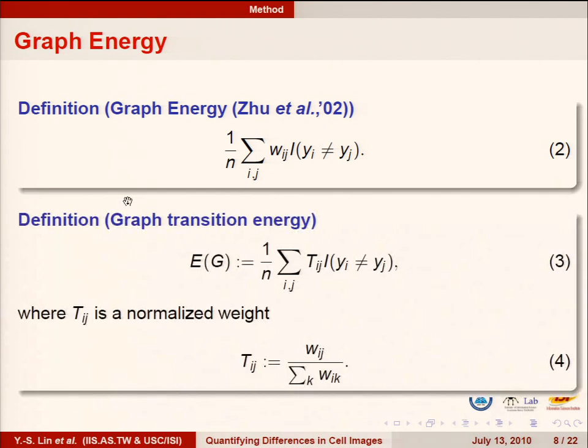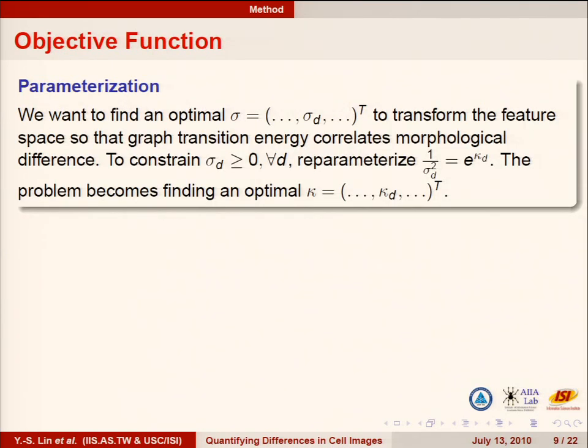In this work, we modify this definition slightly so that it is bounded and different data sets can be comparable. We will try to find an optimal sigma in our weight to transform the feature space so that graph energy correlates to morphological difference.